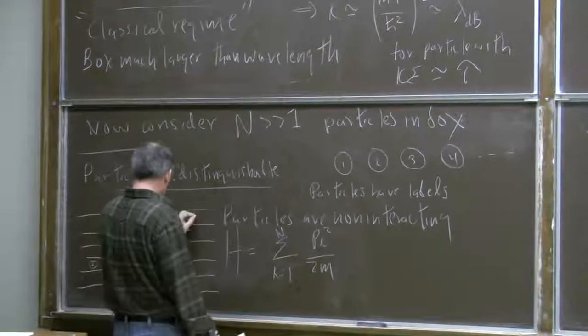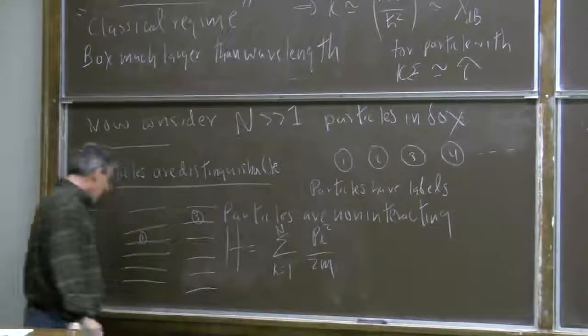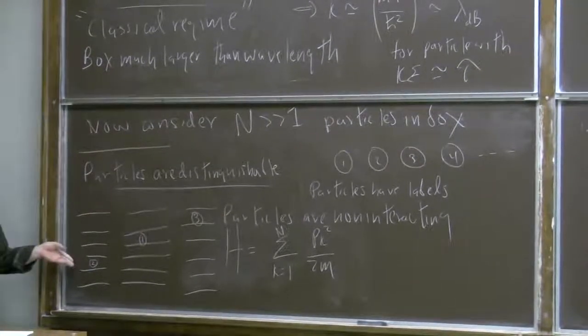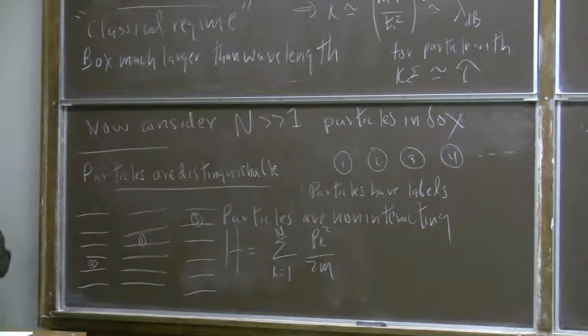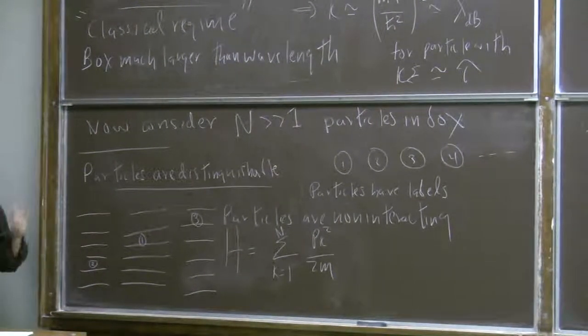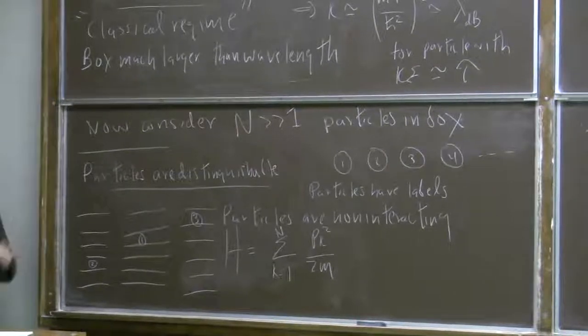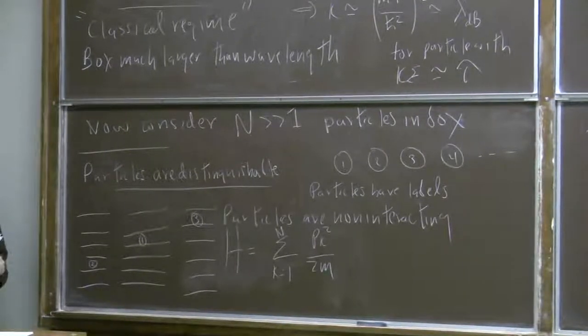Particle 3 goes here. So I can specify a state, an eigenstate of the Hamiltonian for many particles, by specifying for each one of the n particles what orbital it's in. By orbital, I just mean a single particle eigenstate of the Hamiltonian.